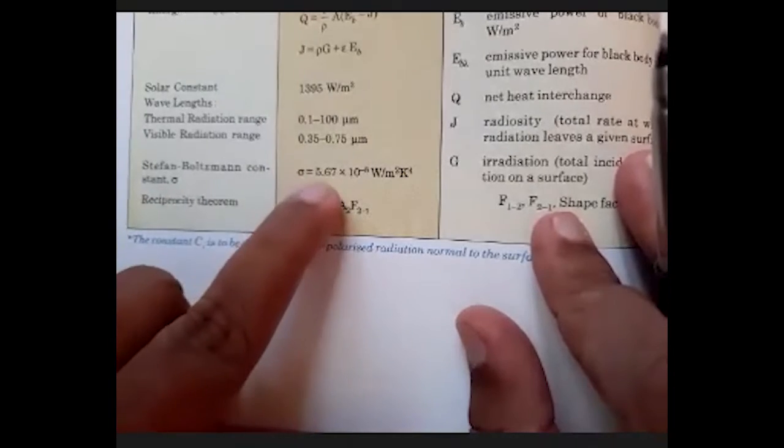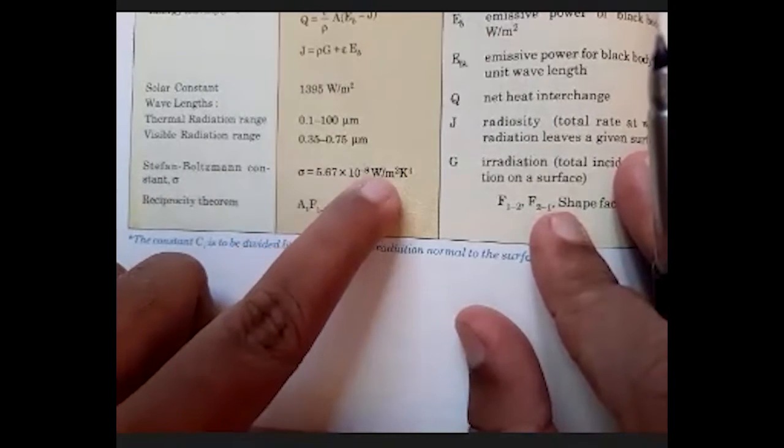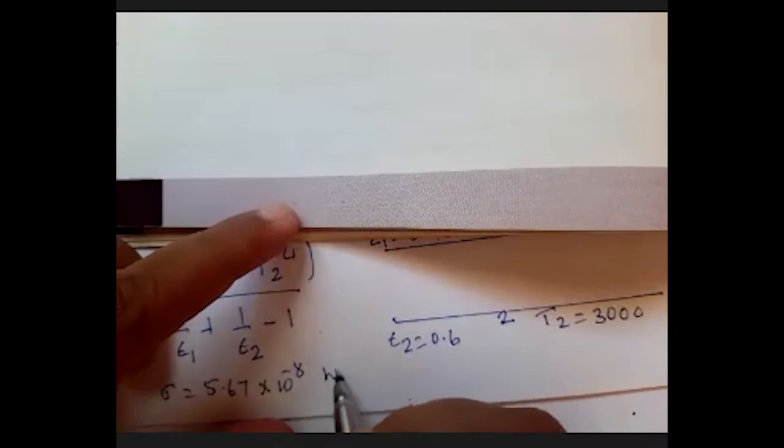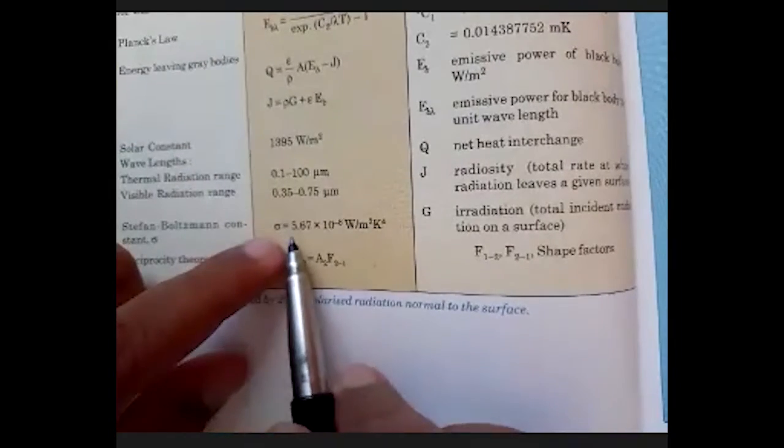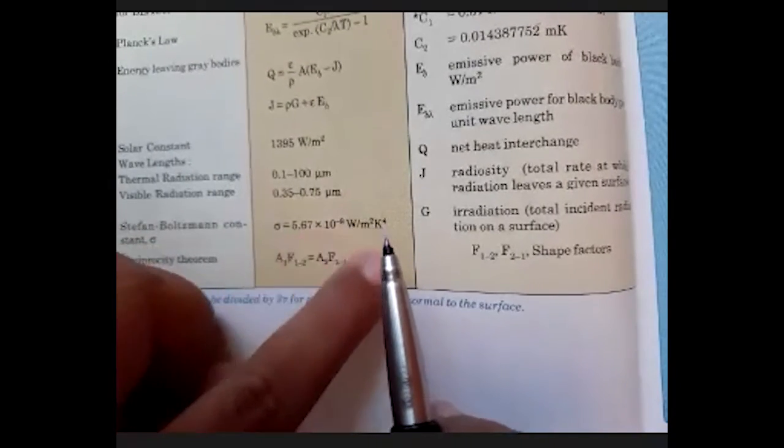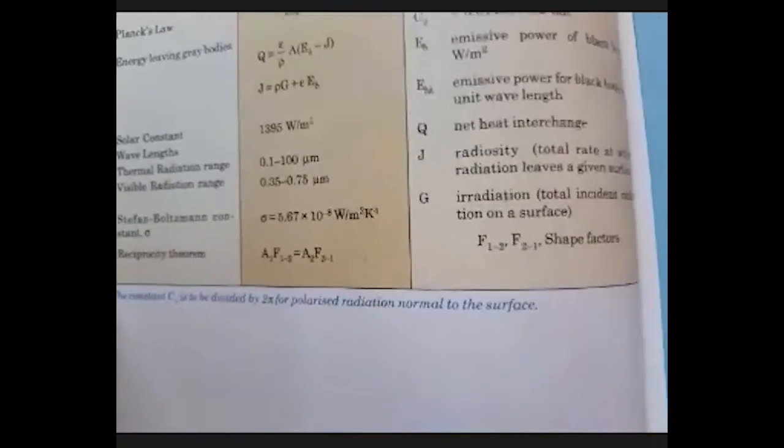Sigma is 5.67 into 10 raised to minus 8 watt per meter square Kelvin raised to 4. So the same value I have written is here. Again, don't start by hearting these values. It is there in our data handbook.